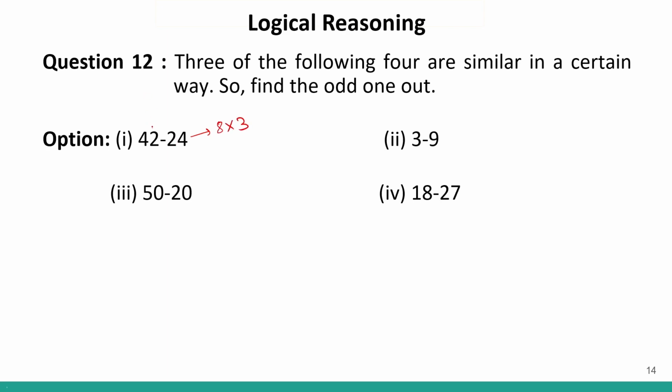And 42 can be written as 14 into 3. If I say 3 and 9, I can see this is 3 into 1 and this is 3 into 3. Similarly, 18 is 6 into 3 and 27 is 9 into 3. But I cannot find 50 and 20 to be multiples of 3. So if I look over here, in each case, each number is a multiple of 3.